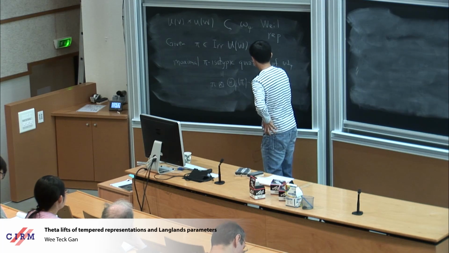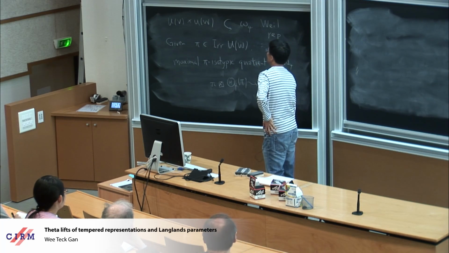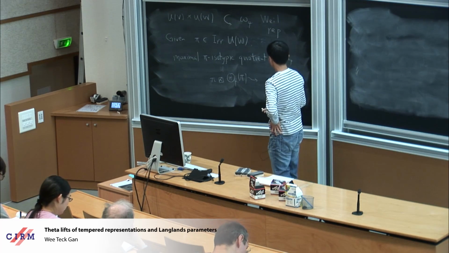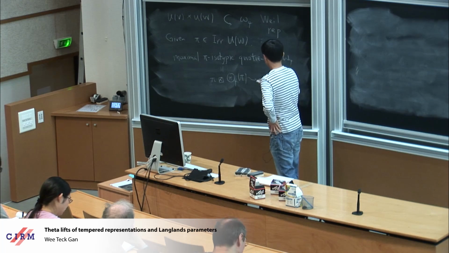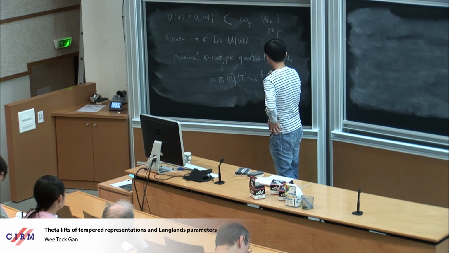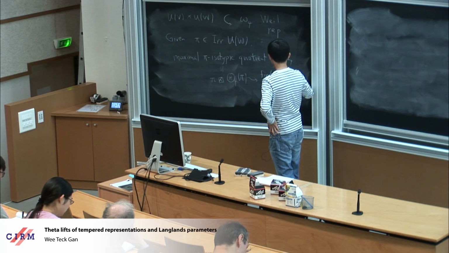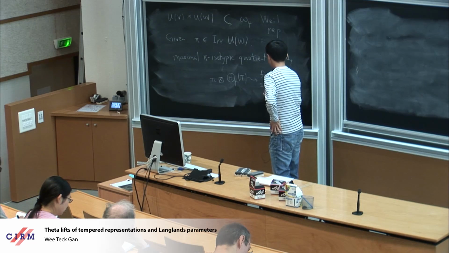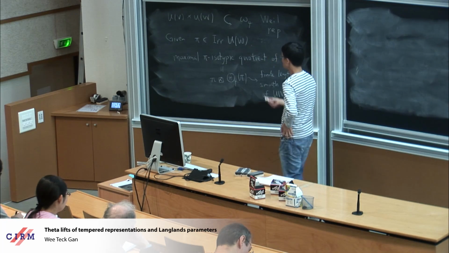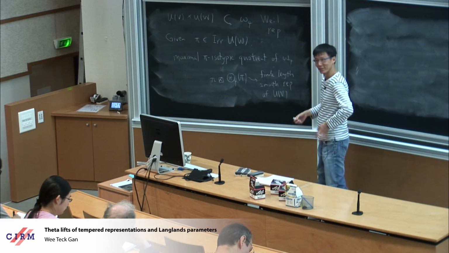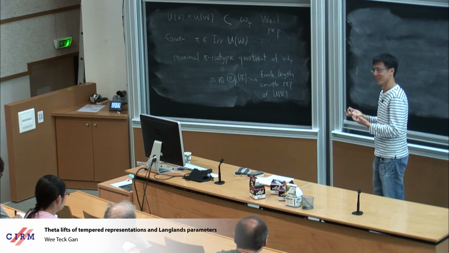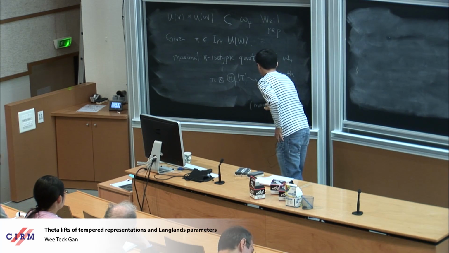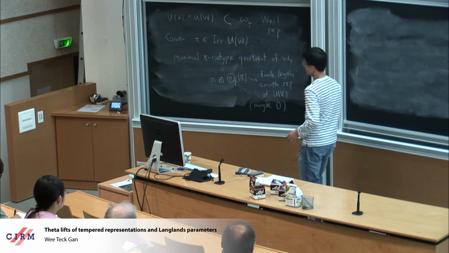And it is a representation of U(V), since the action of U(V) commutes with that of U(W). So I guess one knows something about this, that in fact it is a finite length smooth representation of U(V). And of course it could be 0. If pi doesn't appear, then of course the pi-isotypic quotient is 0. Okay, so it may be 0.